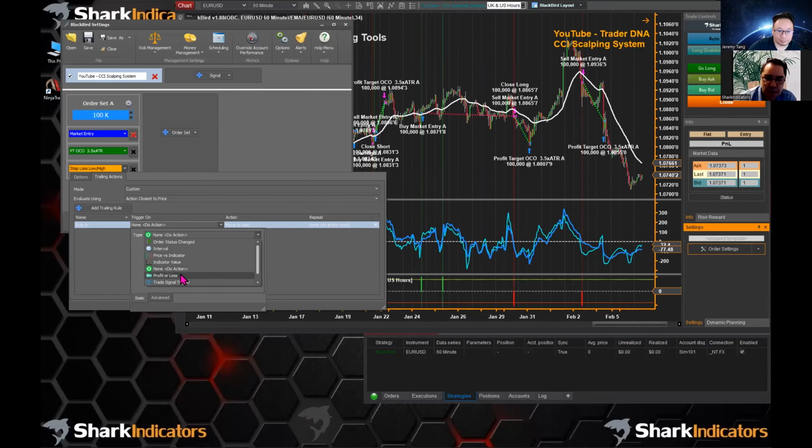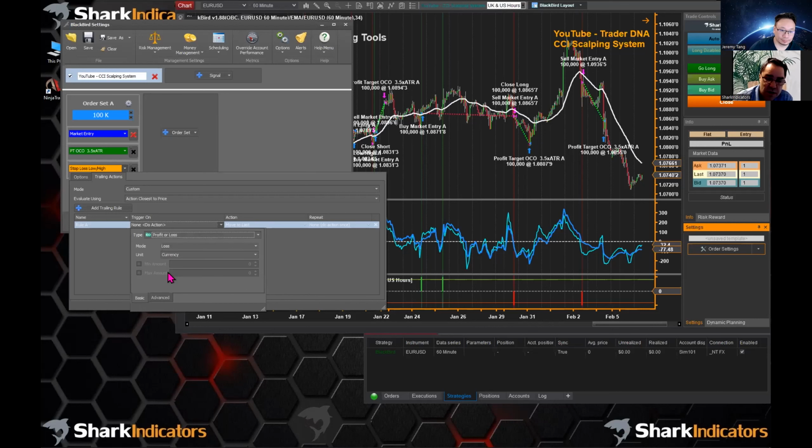So Blackbird has a really advanced trailing capability here, which we call trailing actions. You can see there's a bunch of different conditions that you can look for. If you want to wait for a certain amount of profit, we could use the profit or loss option here.